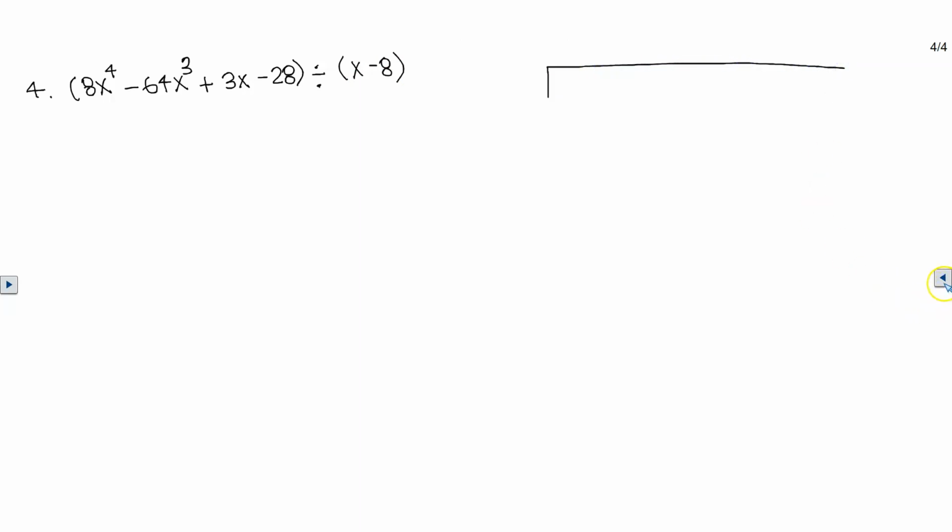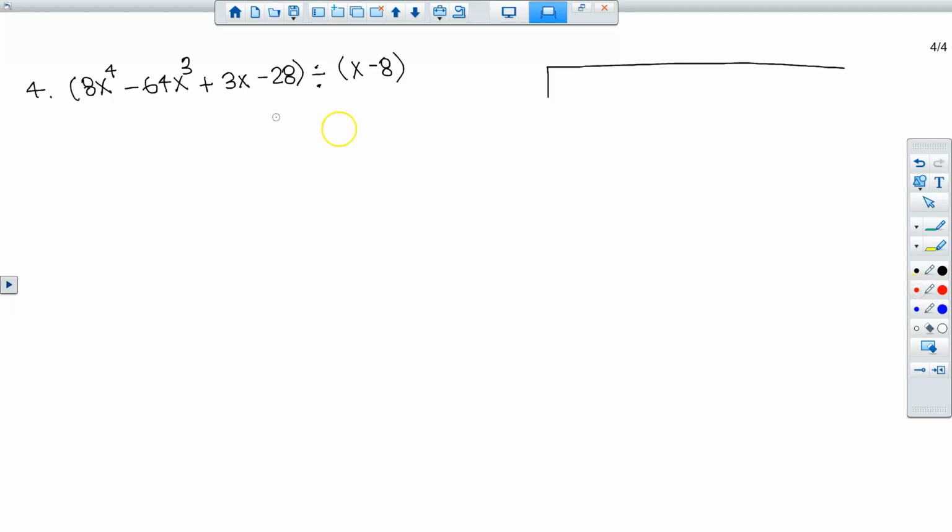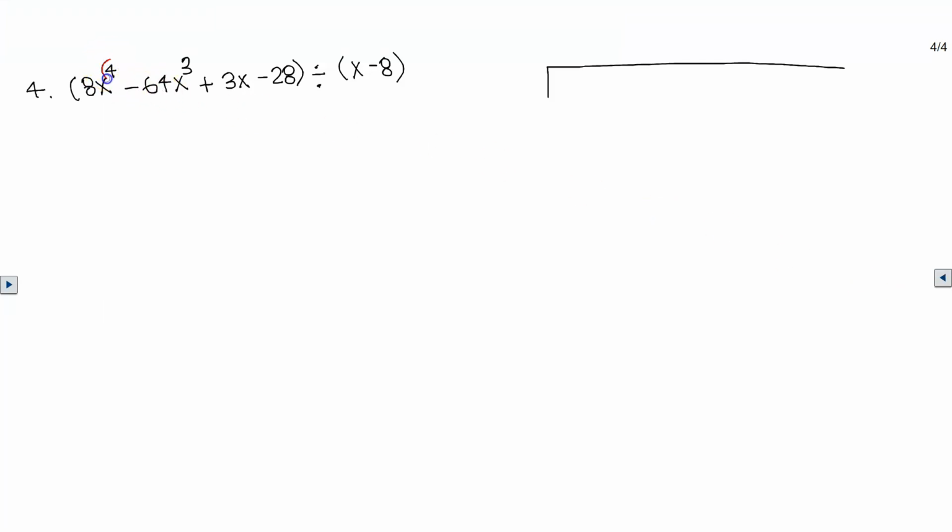All right, now as we convert this thing to a long division problem, let's see if it skips any powers. Let's see if there are any missing powers. We start out with x to the fourth. Then it goes to x to the third. Then it goes to x to the first. So notice 4, 3, 1.